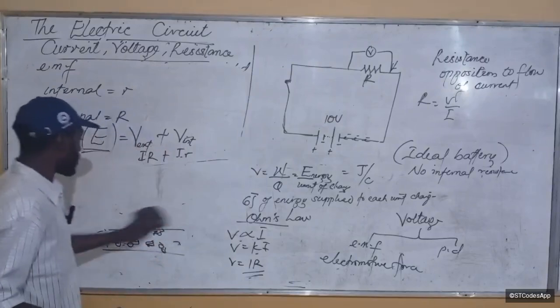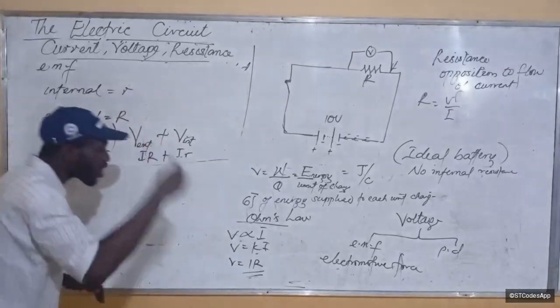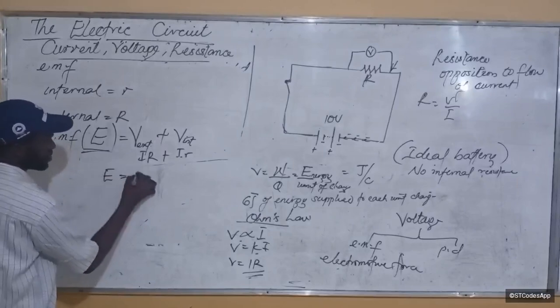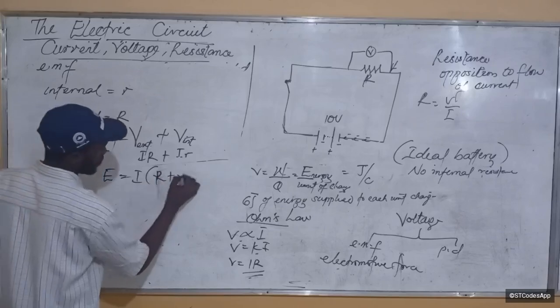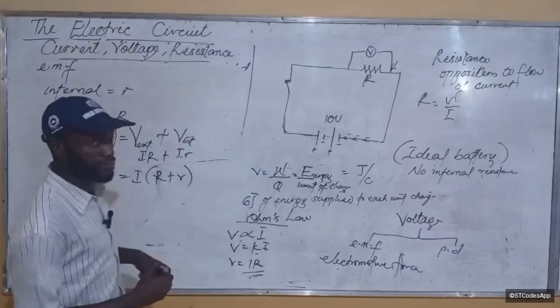It means that EMF is the measure of the total voltage in the circuit. Is that okay? Since current is the same, E equals I times (R plus r), where capital R is external resistance and small r is internal. In this case our battery is rated 10 volts.